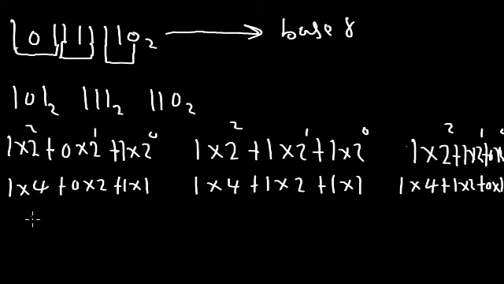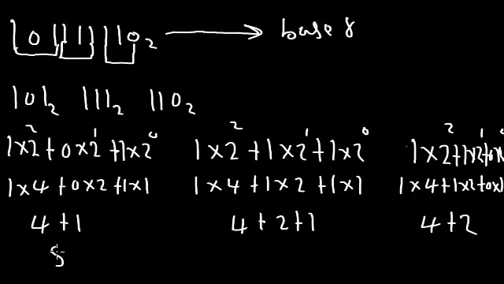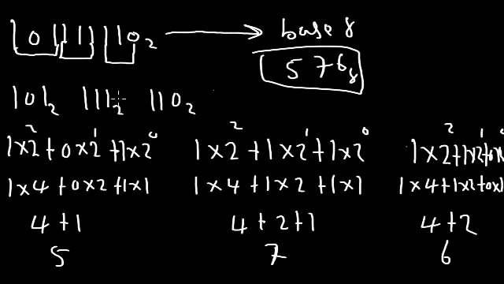So we can see that this will be 4 plus 1, this will be 4 plus 2 plus 1, and this will be 4 plus 2. It turns out that this is 5, this is 7, and this is 6. Combining them, it turns out to be 576 in base 8, and this is our final answer.